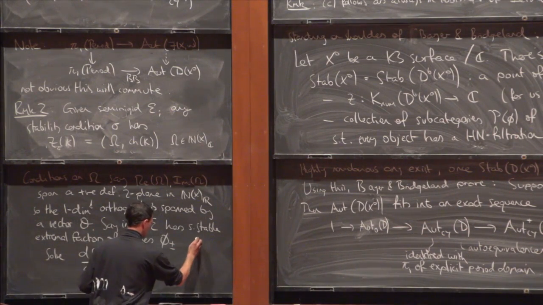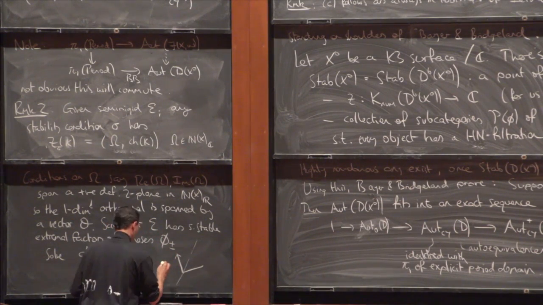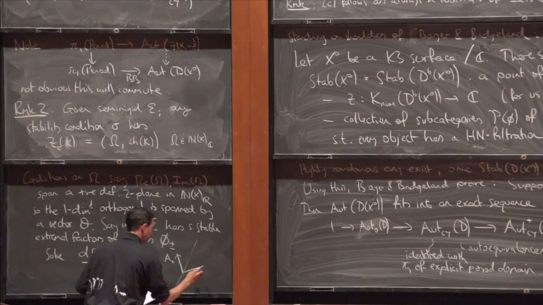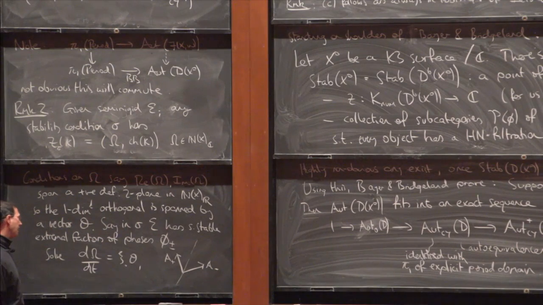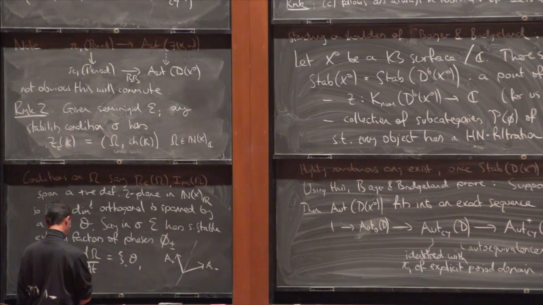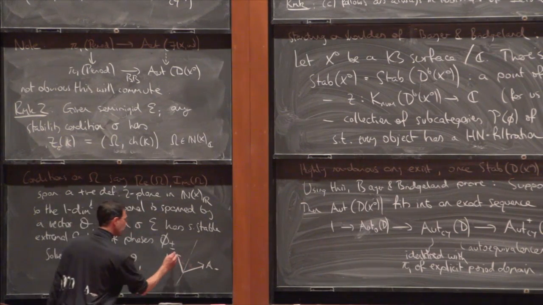If I draw a picture, I have an A plus, which is a maximal slope semi-stable factor, and an A minus, which is a minimal slope semi-stable factor, and I try to flow those together.